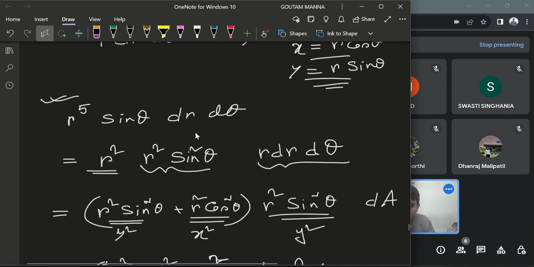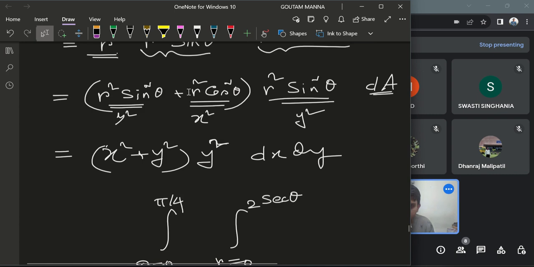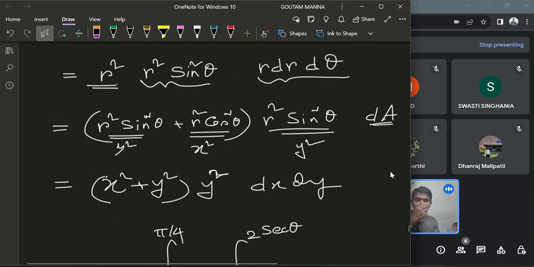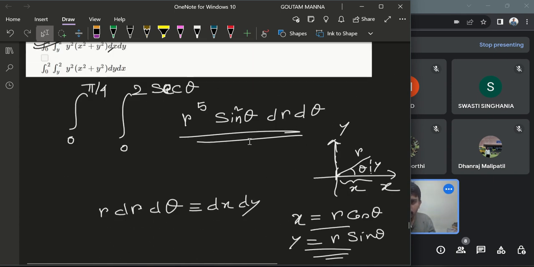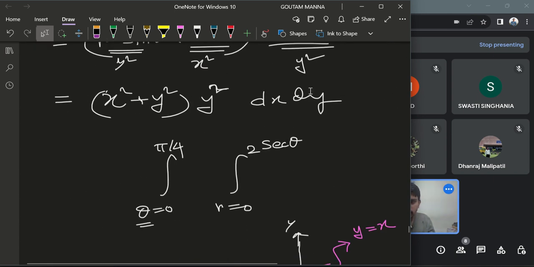The area element in plane polar coordinates is r dr d theta, so this is the dA, and I am writing r square as r square sine square theta plus r square cos square theta, giving me x square plus y square. And this is y square, and the area element in Cartesian coordinates is dx dy. So this r square sine square theta dr d theta can be replaced by this quantity.